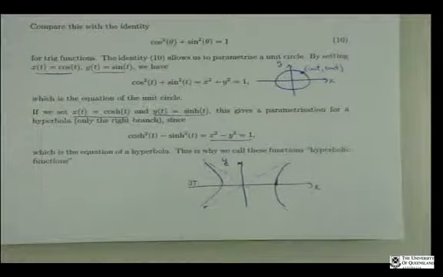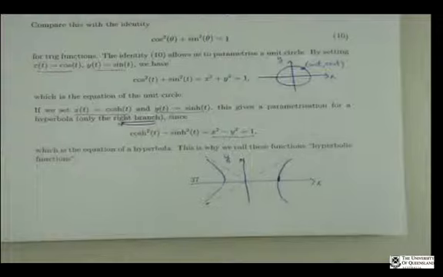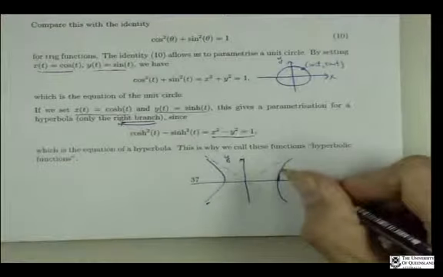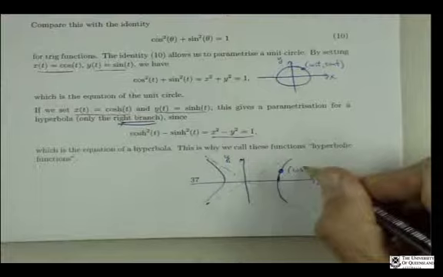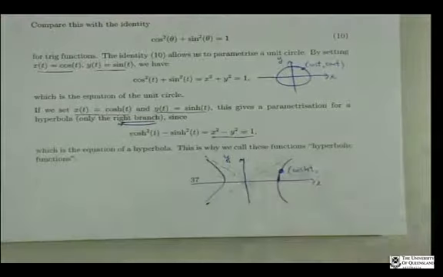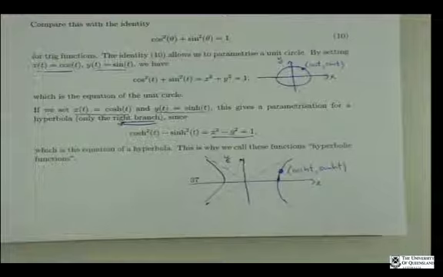In fact, it parametrizes just the right branch of this hyperbola. So any point on this side can be parametrized by cosh t and sinh t. Hence we call these hyperbolic functions.